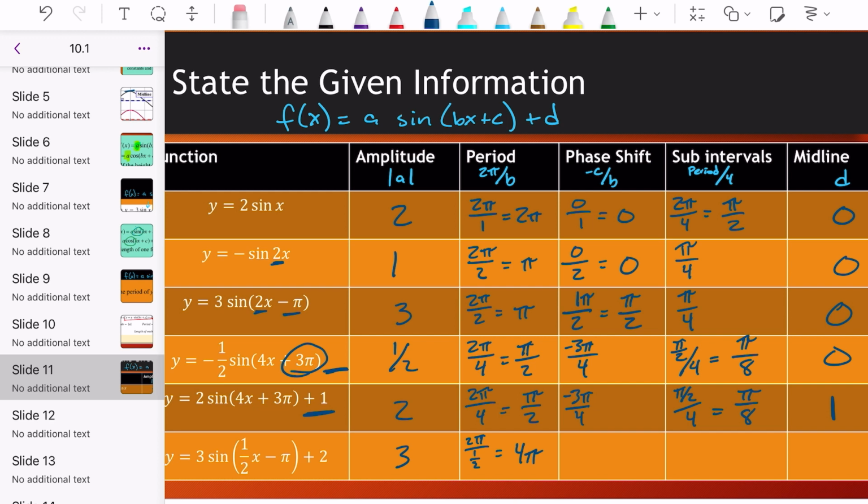Now this is going to turn that negative pi to a positive pi over b, which is 1/2. We're looking at 2 pi as a final answer for the phase shift. Our subinterval is our period, which is 4 pi over 4 or just pi. And our midline is 2.